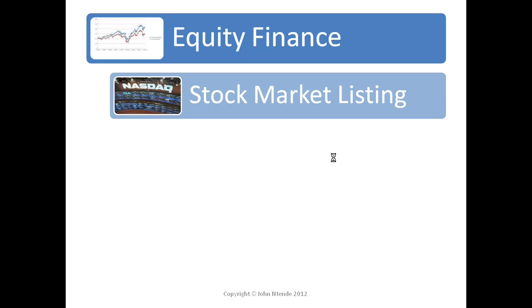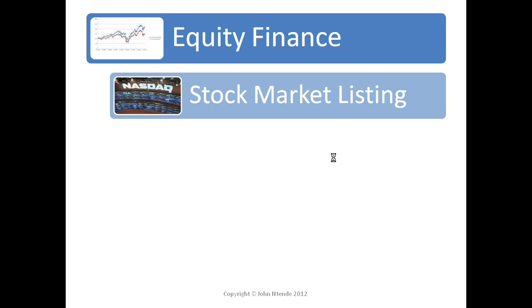An example is the Nasdaq, which is an electronic stock exchange in the USA. There are various stock markets around the world. You have the Nasdaq, you have the New York Stock Exchange. In Africa, you have the Johannesburg Stock Exchange and the Nairobi Stock Exchange. All these are stock markets, and you can raise finance through a stock market listing.